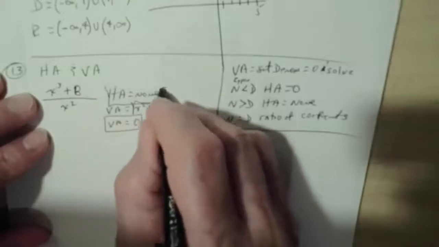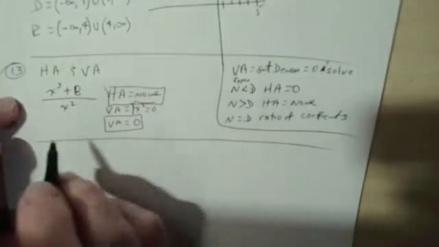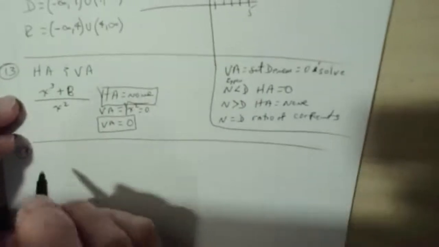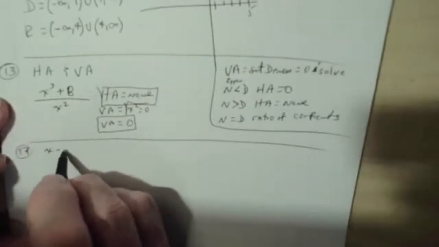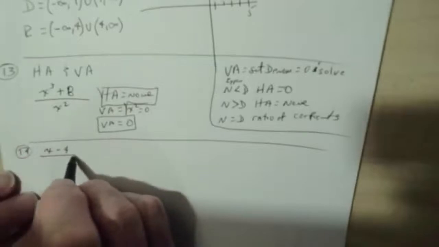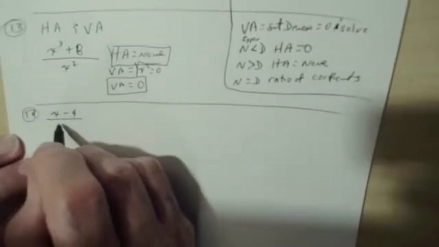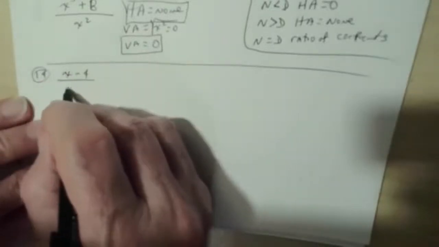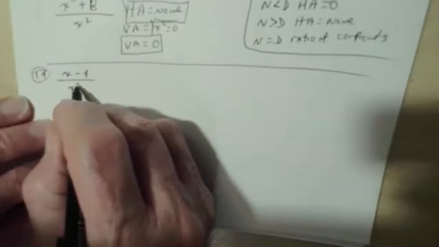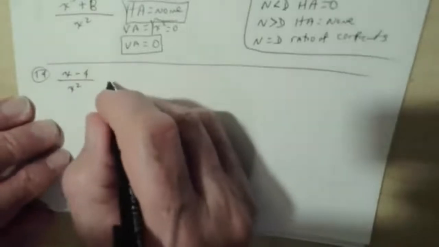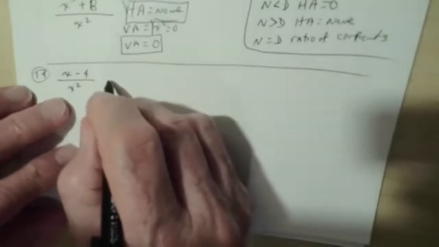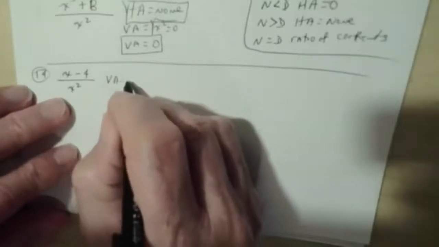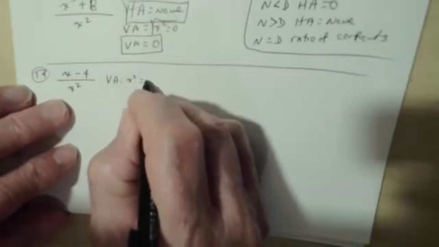Number 14 is x minus 4 over x squared. Again, our vertical asymptote is x squared equals 0, square root, so our vertical asymptote is 0.